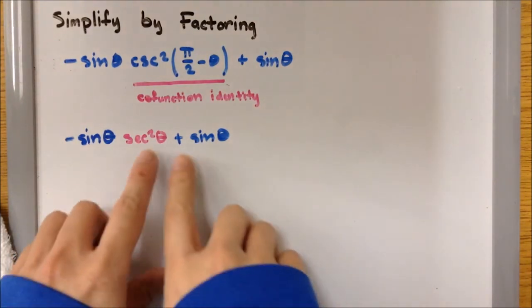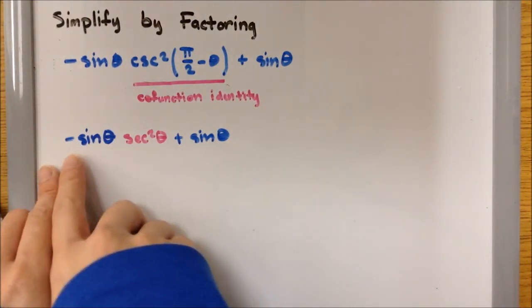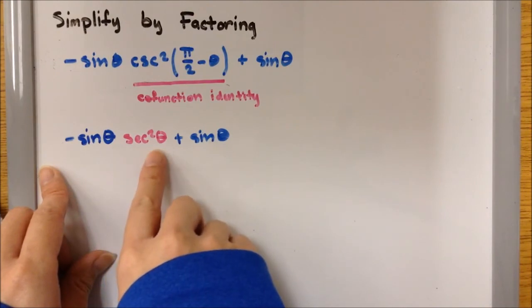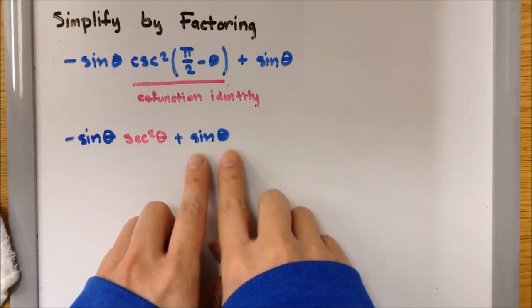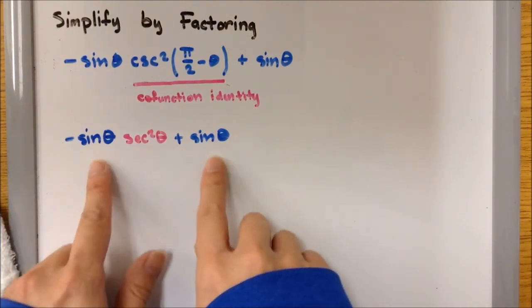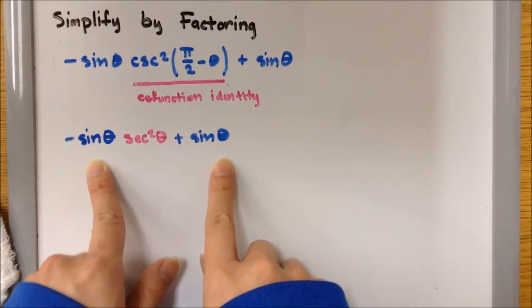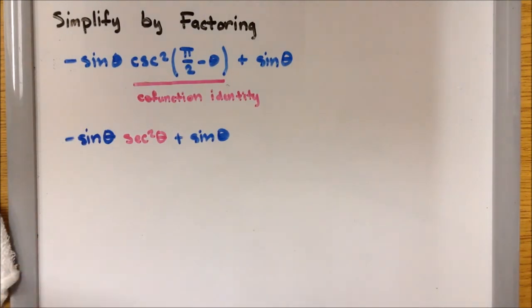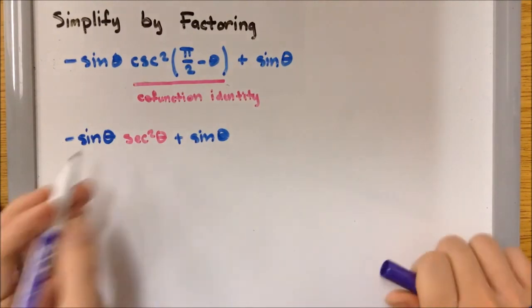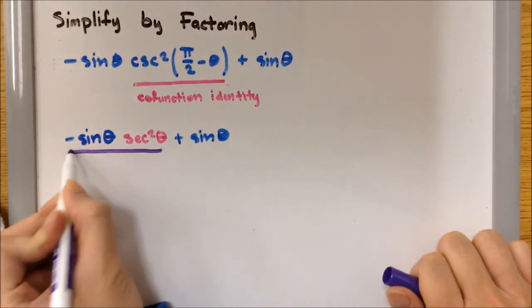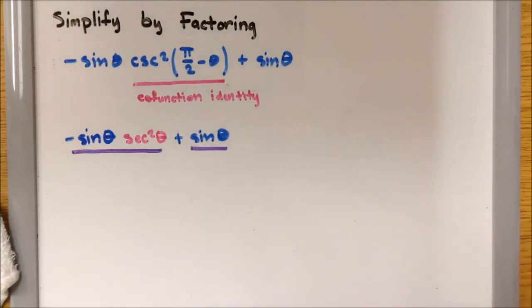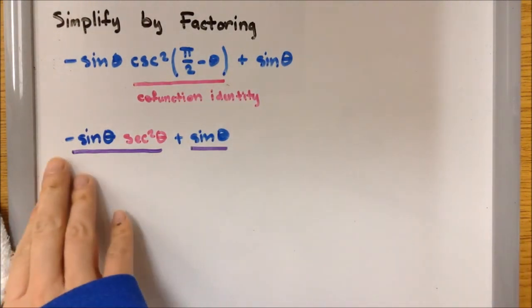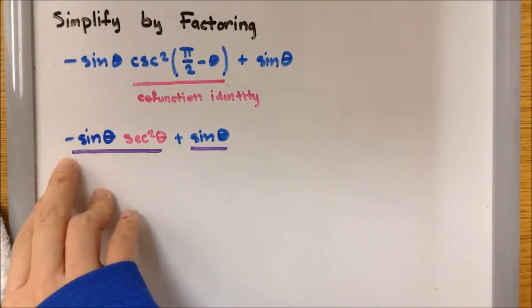I notice that in these two parts, the first one, negative sine theta secant square theta, and then the second part, sine theta, they both have sine. So what I'm going to do, I'm going to factor out the sine. Now, I usually look at the first sign, starting from my left side. I notice that it's negative.